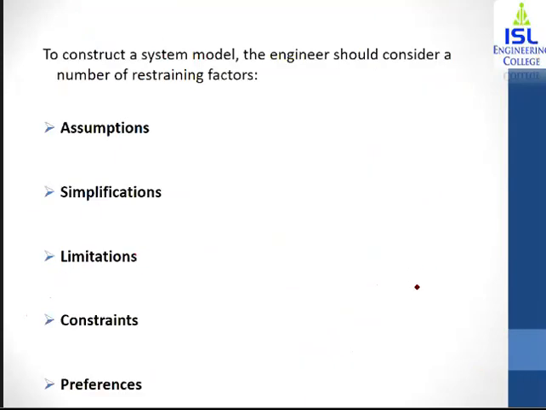To construct a system model, the engineer should consider a number of restraining factors. Now the first one is assumptions. Now what is an assumption? Assumptions reduce the number of possible permutations and enable a model to reflect the problem in a reasonable manner. That is, in here you're going to identify and focus on all the different things that you assume, certain scenarios, how the system is going to behave.